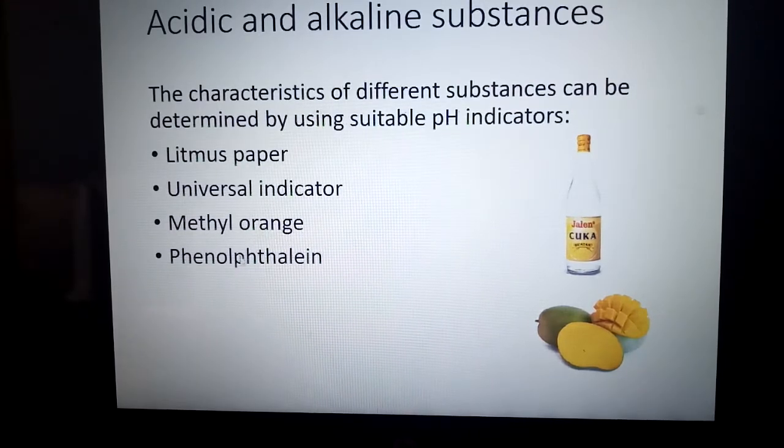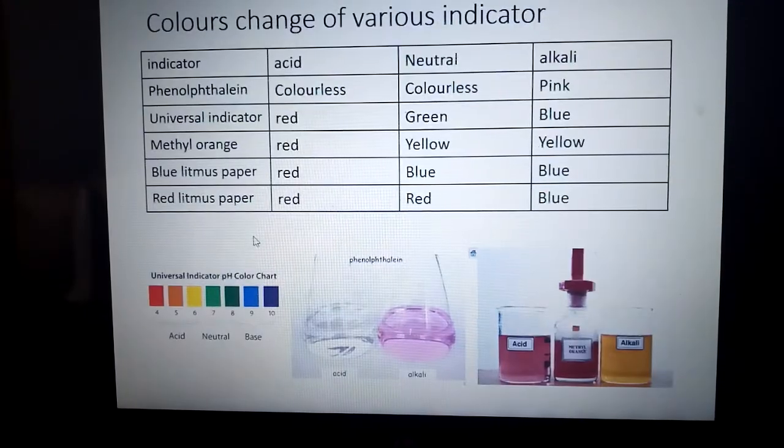These things have different colors, and these indicators will change colors depending on acid and alkaline. And these colors vary between these four indicators. Sorry to say, you need to memorize the color changes for different indicators and for acid, neutral, and alkaline.